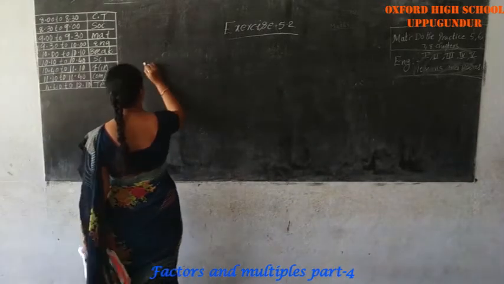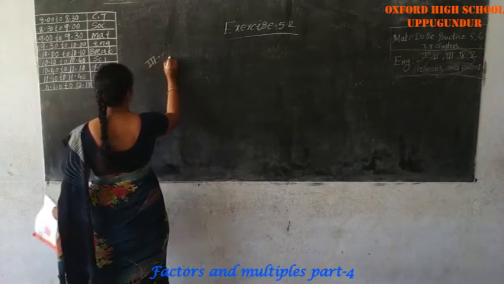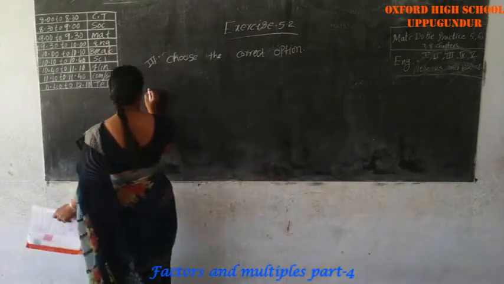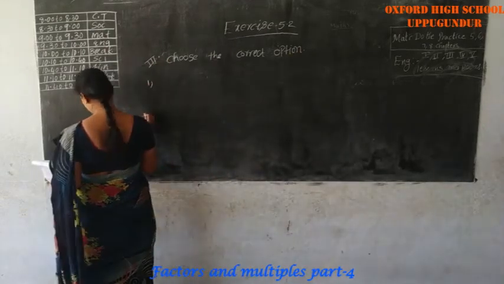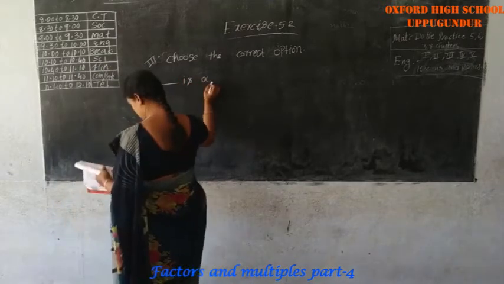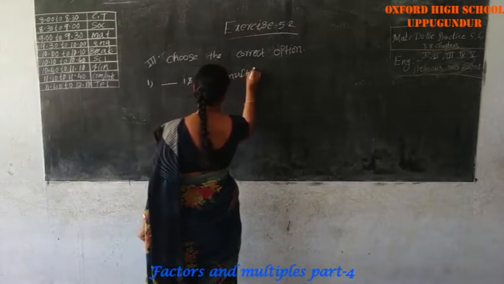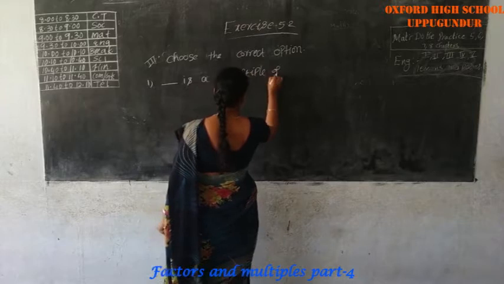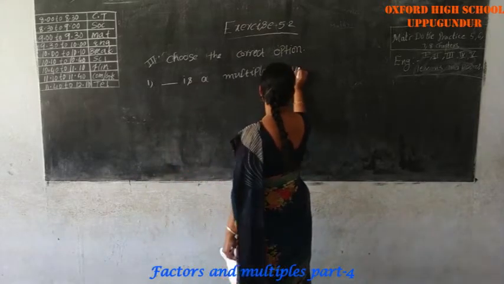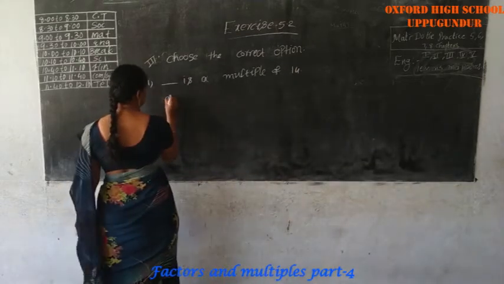Third one. Choose the correct option. First one: dash is a multiple of 14. See, 28. Dash is a multiple of 14.